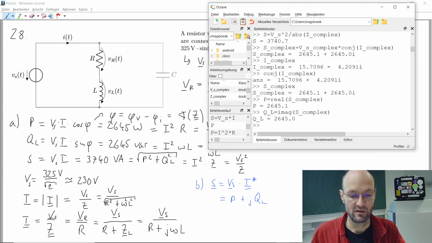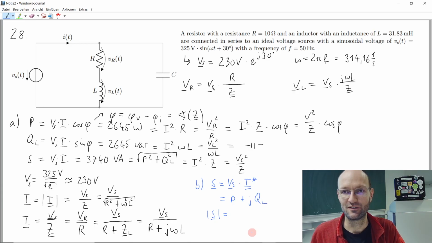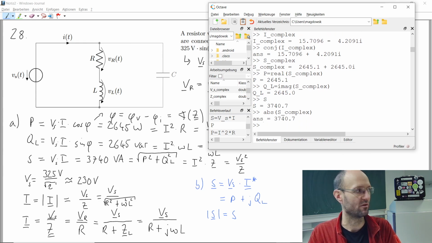And if I take the magnitude of this complex S, what do I get then? The apparent power. So let's try this out. This was the apparent power that we calculated before. If I calculate the absolute value of this complex power, I get the apparent power.